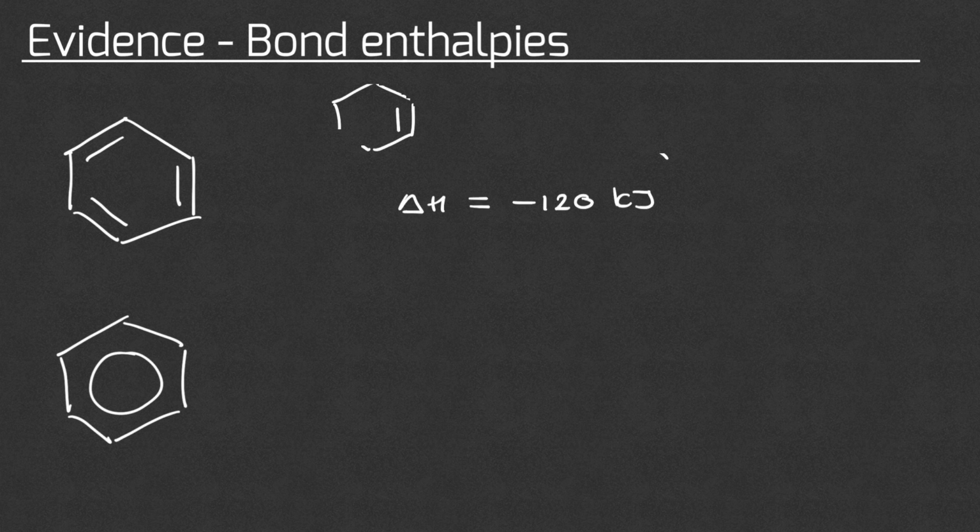We know what the enthalpy of hydrogenation is for cyclohexene. So I've drawn cyclohexene here, and if we react cyclohexene with hydrogen to form cyclohexane, the enthalpy change is minus 120 kilojoules per mole.